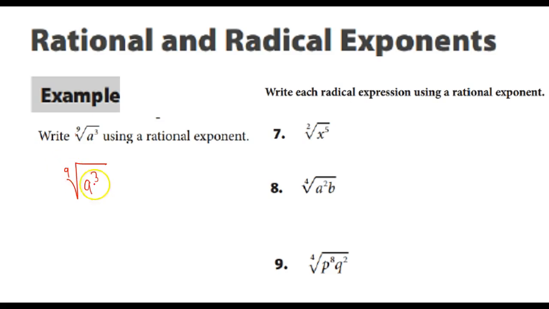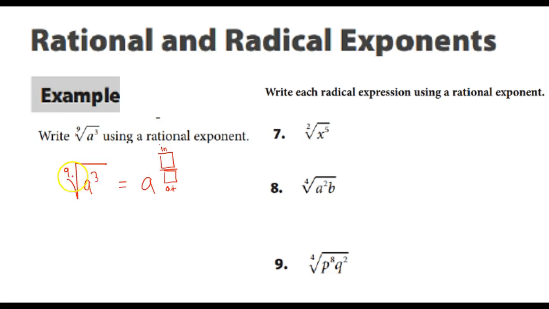You will note that I can write this using a fractional exponent where the number that is outside the radical will go here and the exponent inside the radical will go there.